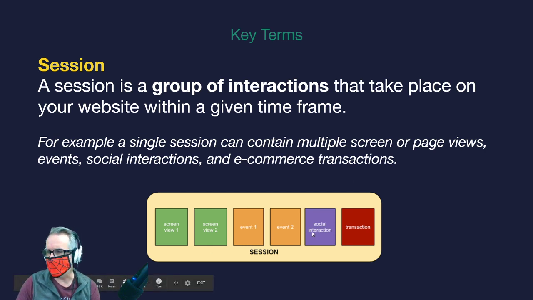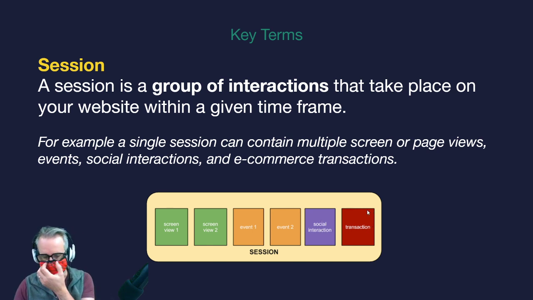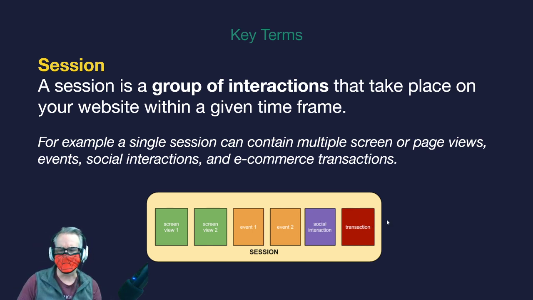So this is an example session. They go to your website, they look at one screen, they look at another one, they do a couple things, they share something, and they buy something. Great. That's a very successful session. Sometimes your session looks like screen view 1. Most times, probably, you look at screen view 1, and then the session is over.